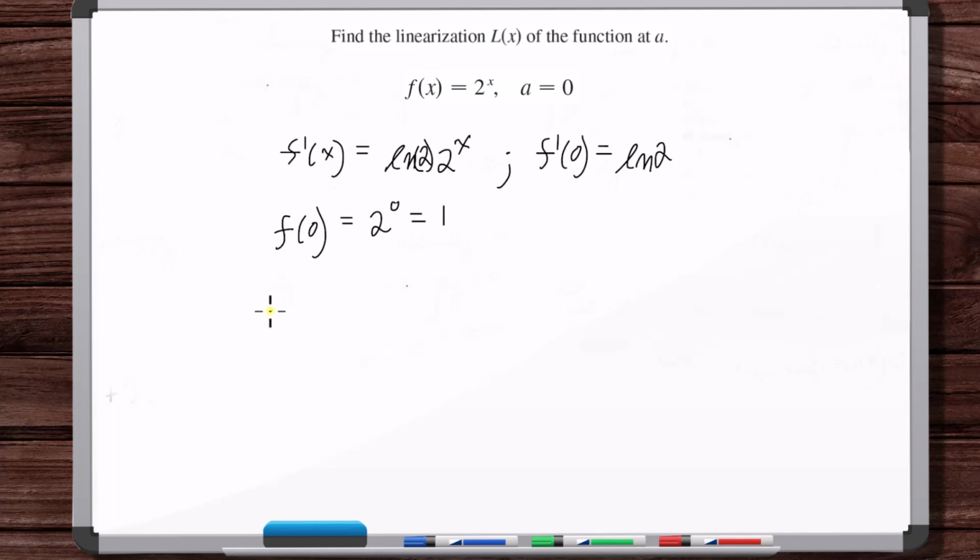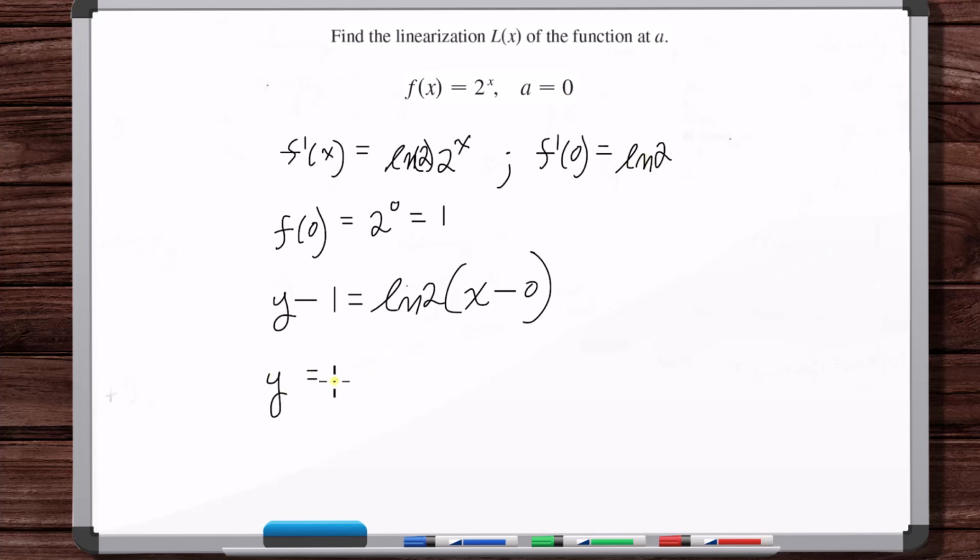Okay, so we've got y minus y1, where y1 is f of 0, is equal to m, natural log of 2, times x minus 0, because the point is (0, 1) and the slope is natural log of 2.